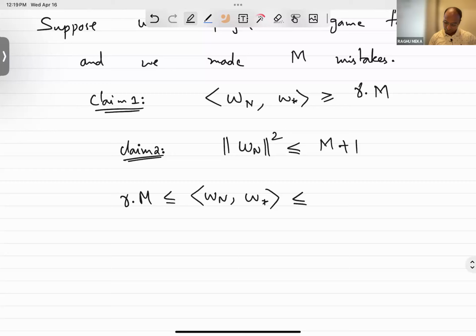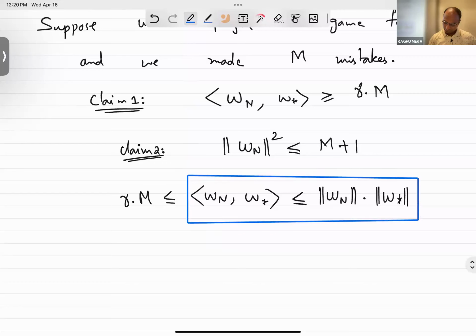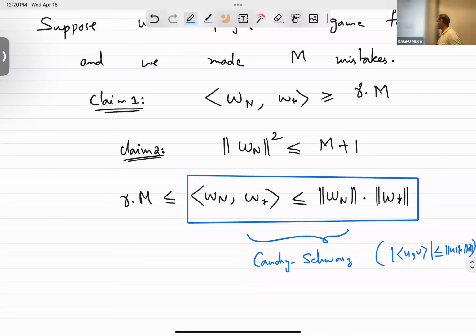So this is at most... for any two vectors, the inner product between them is at most the product of the lengths. Okay, so that's what we are using.